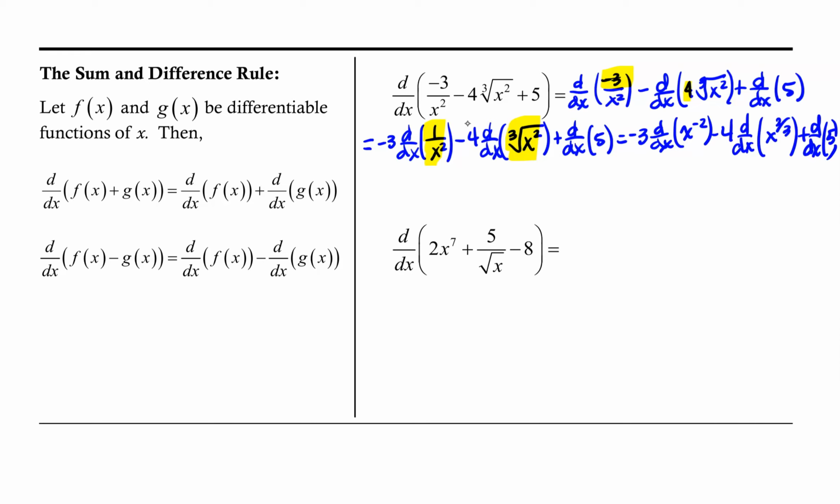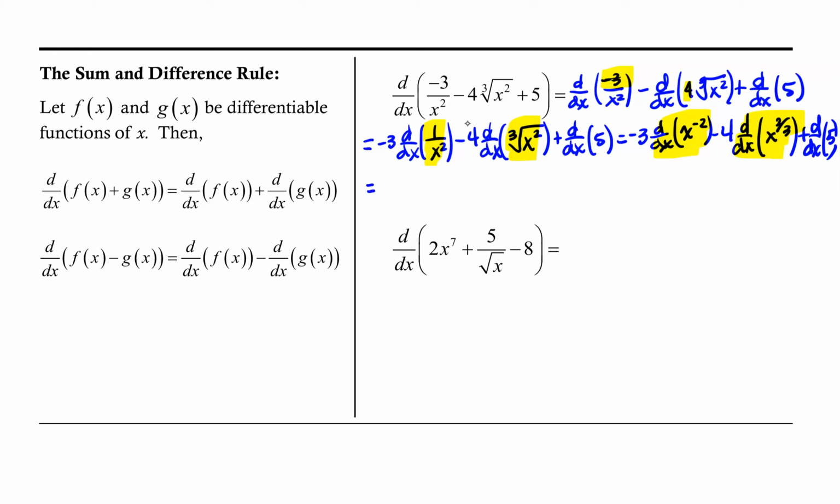At this point, for the derivative of x to the negative 2 power, we can use the power rule. And for the derivative of x to the 2/3 power, we can also use the power rule. And then for the very last term, the derivative of 5, we can use the constant rule.